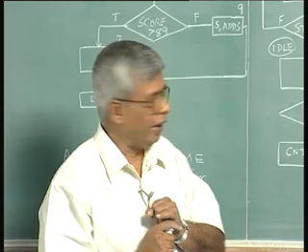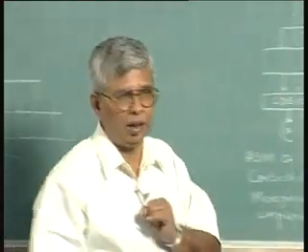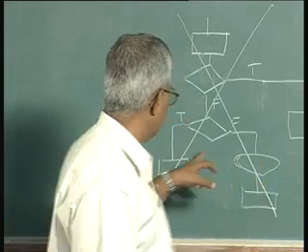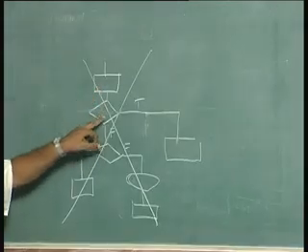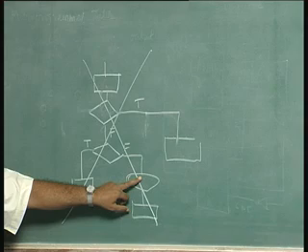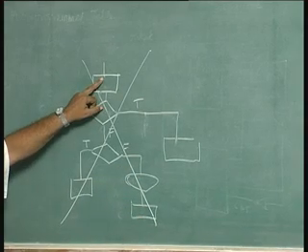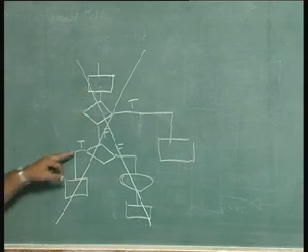Second change I have made is I have eliminated all conditional outputs. In this state, if this is false and this is false, this is the output, and then this goes to this state. So, this can be state 1, this can be state 2, this can be state 3, this can be state 4.